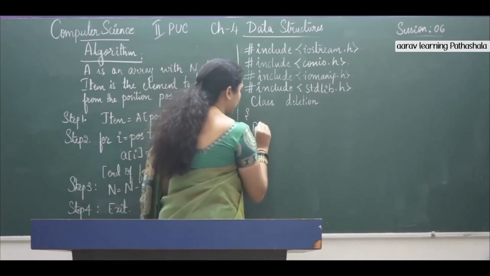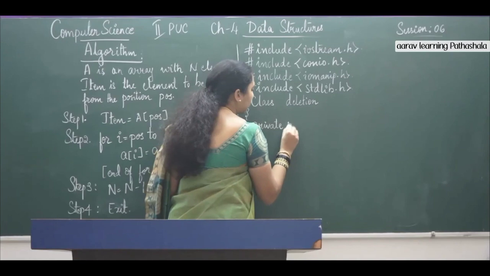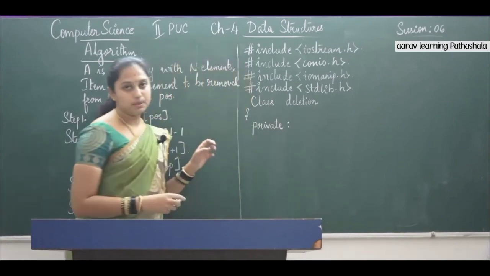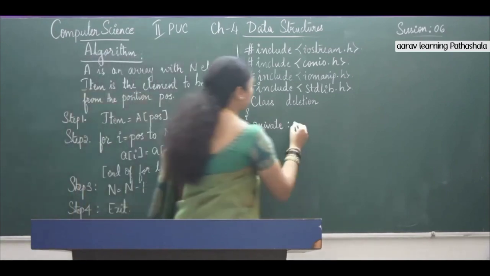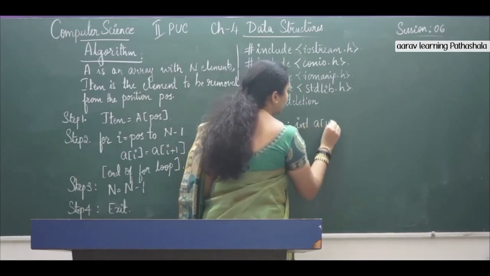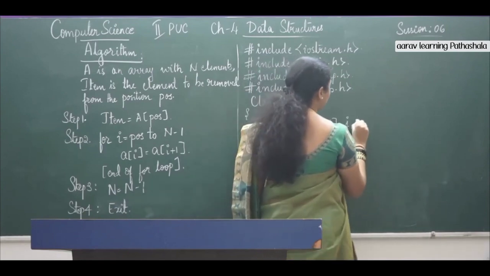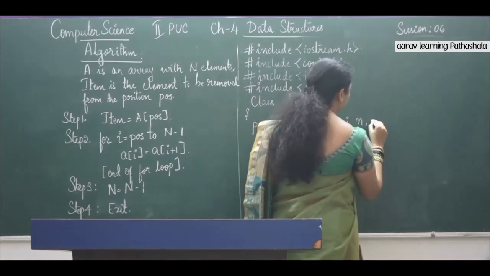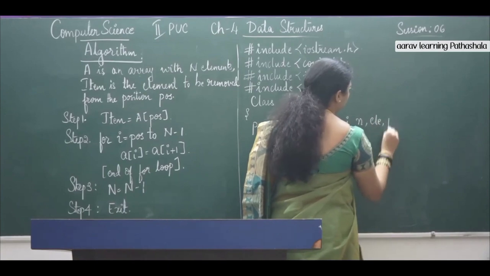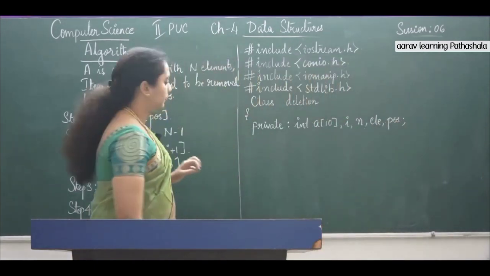In the private section, I am going to declare the required variables in our C++ program. So, int a of 10, that is the array name with size, then n, element to be deleted as well as the position.